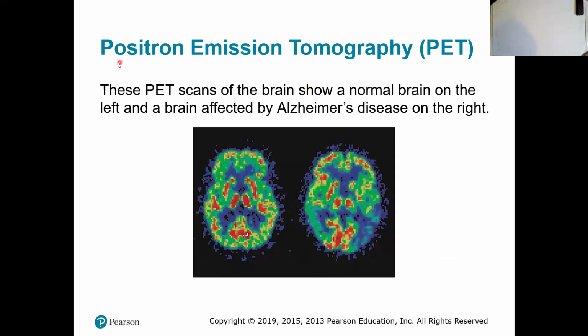So this type of scan is called a PET scan, positron emission tomography. You can actually see the very different brain activity of a healthy brain versus an Alzheimer's brain here. Different areas are being lit up by the positron emitters that have been absorbed.